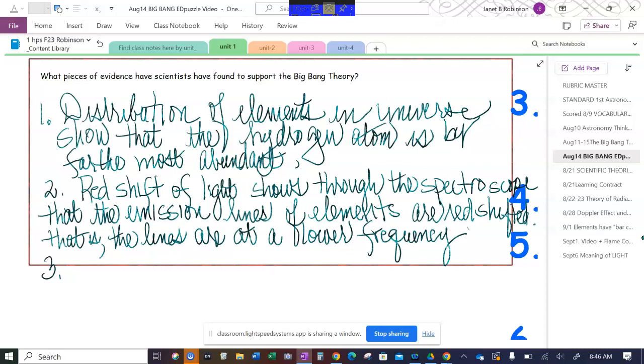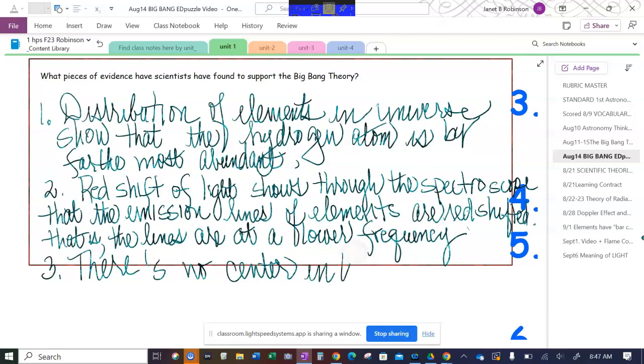All right, what would be a third piece of evidence, Austin, for this, do you think? No matter where you are in the universe, okay, so there's no center of the universe, because everything's moving away from us, no matter where.